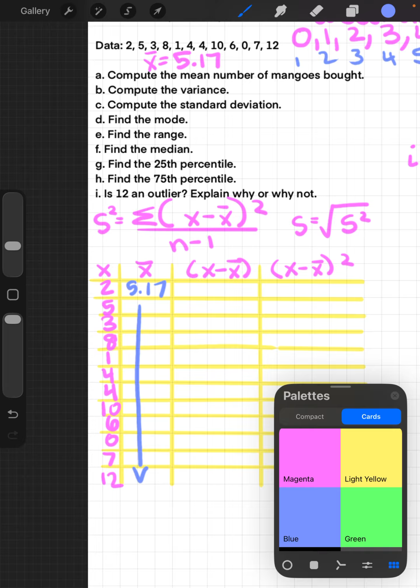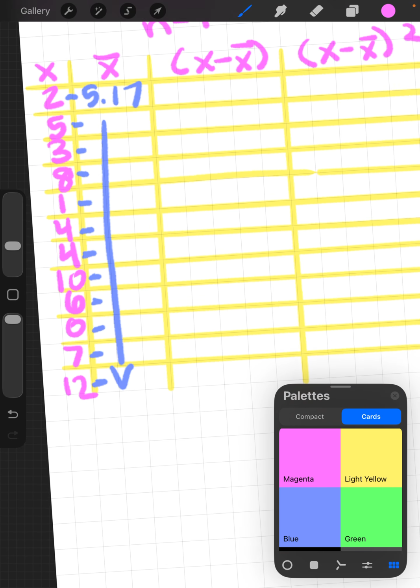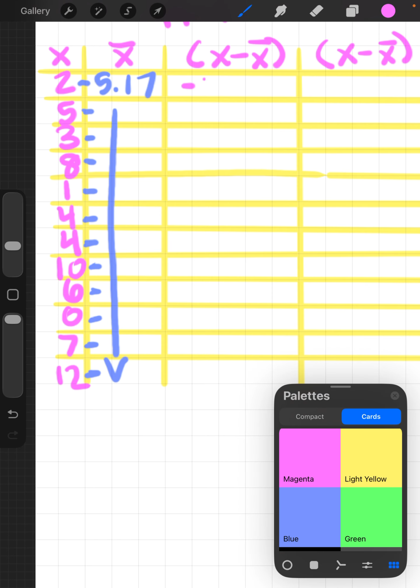And now we're just going to subtract it all. Negative 3.17. Negative 2.7.